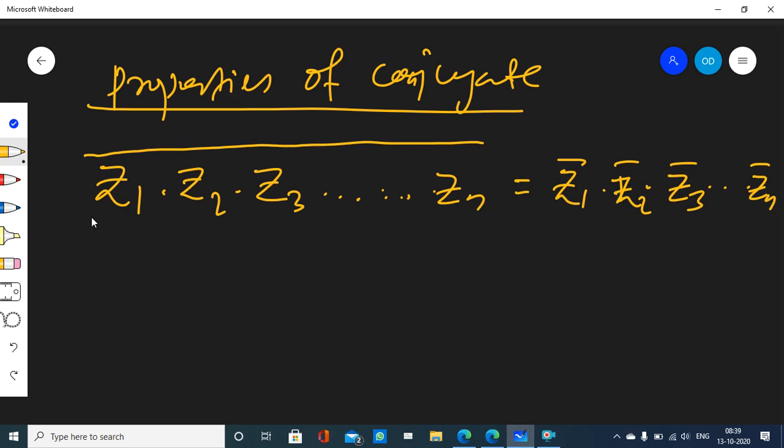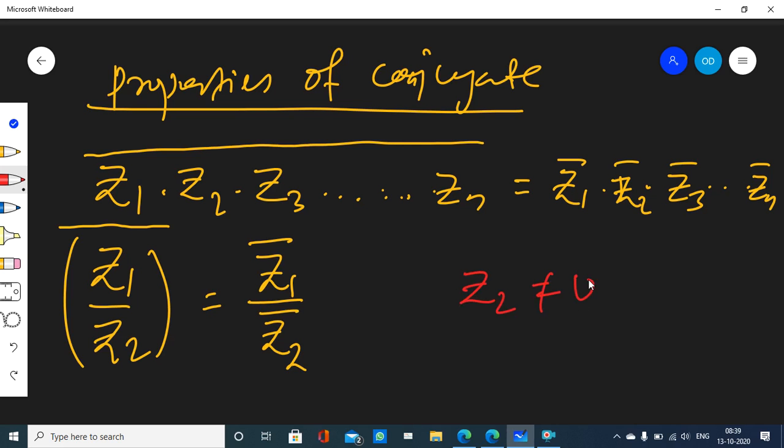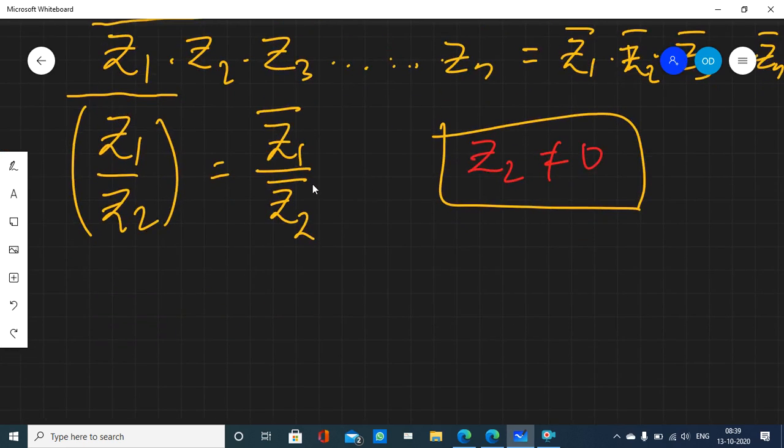Clear? And also we learned that z1 divided by z2. Suppose z1 is a complex number, z2 is a complex number, and we are dividing them and finally finding the conjugate. It is the same as z1 conjugate divided by z2 conjugate. And remember here, very important, that z2 must not be equal to 0, because if the denominator becomes 0, then this whole thing becomes undefined.